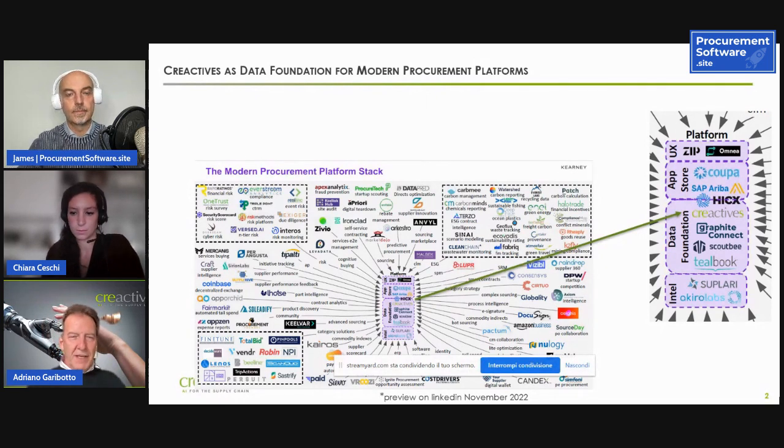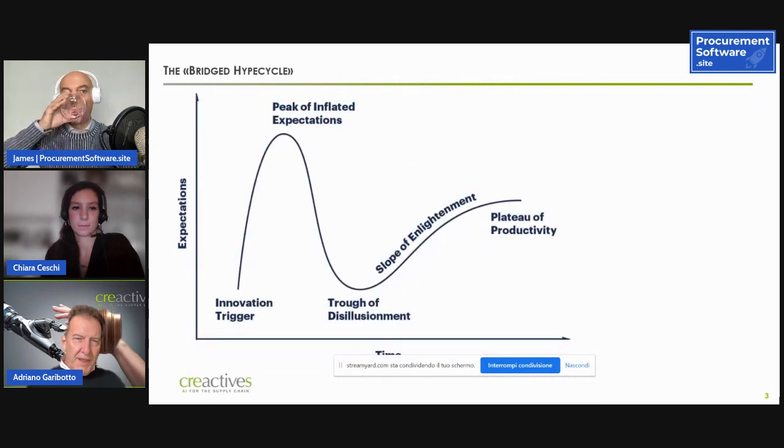When you try to trigger a new approach with an innovation, there are a lot of expectations, and then, as always, there is a big change management issue, and you can go through the disillusionment very fast, and before reaching the plateau of productivity, you can have a very long journey.